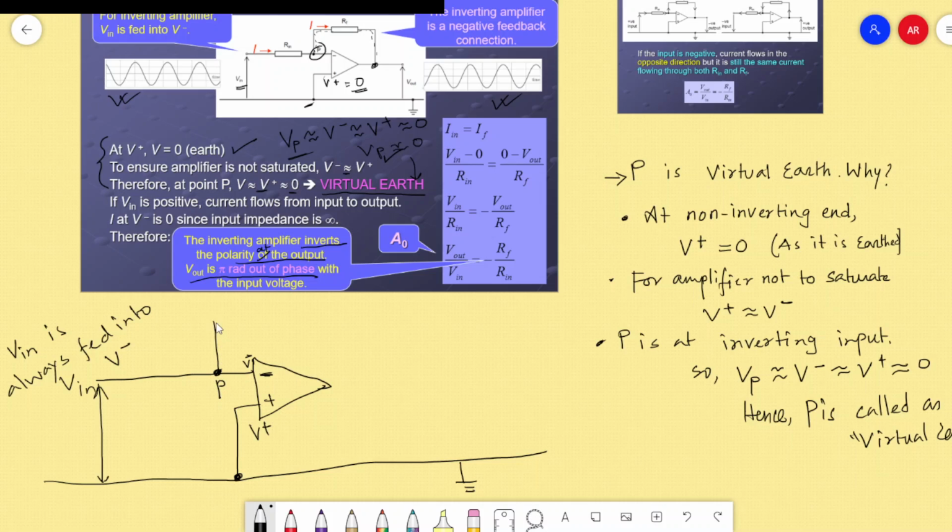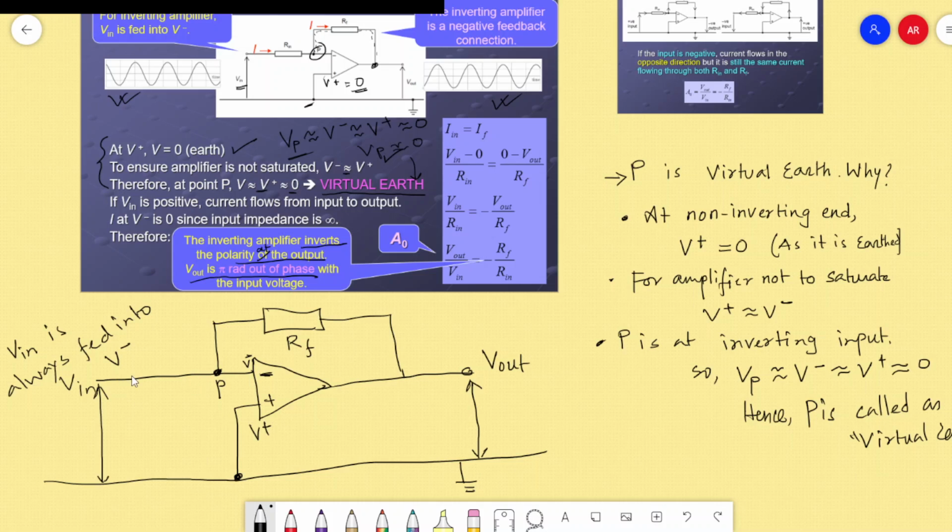From this point, a connection is made with the feedback resistance, and this is the output voltage V out. As we already discussed, the input and output should always be measured with respect to the ground.